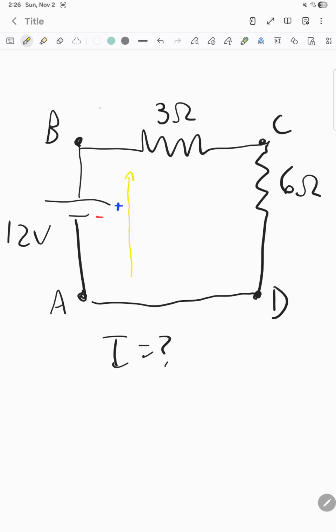However, when you have a current going through a resistor in the same direction as your hypothesis, then it's actually negative, because the whole idea of a resistance is to resist the flow of electrons.